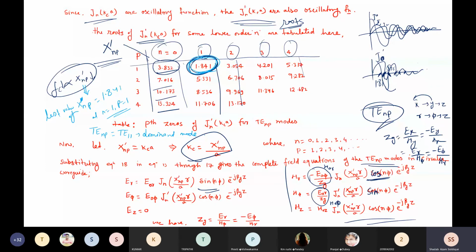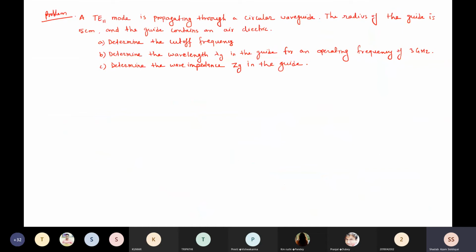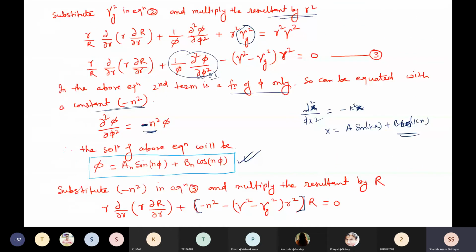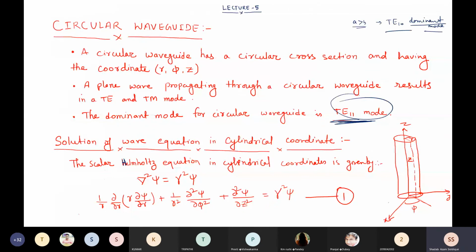I hope you have understood these things. Let me revise quickly. In today's lecture, we derived the solution of the wave equation in cylindrical coordinates, similar to what we did for the rectangular waveguide.